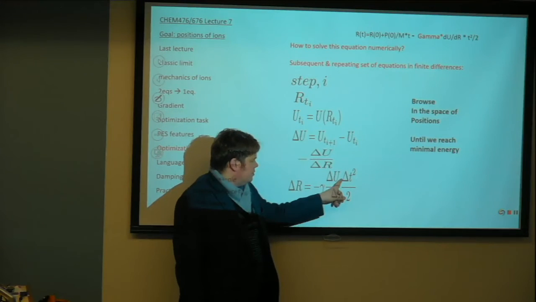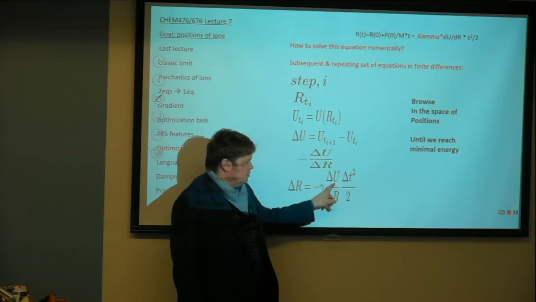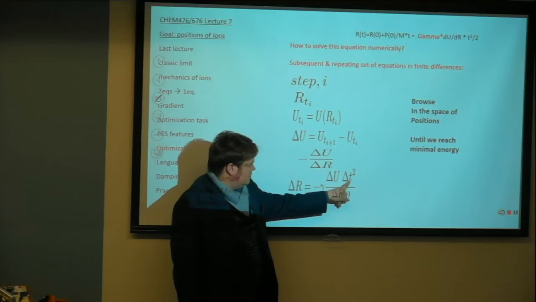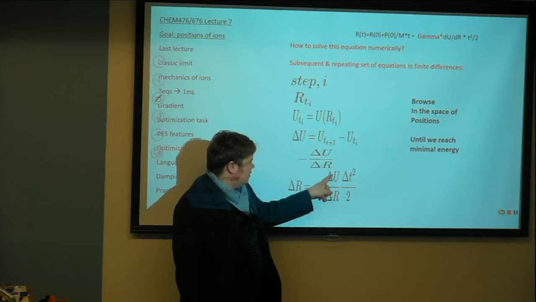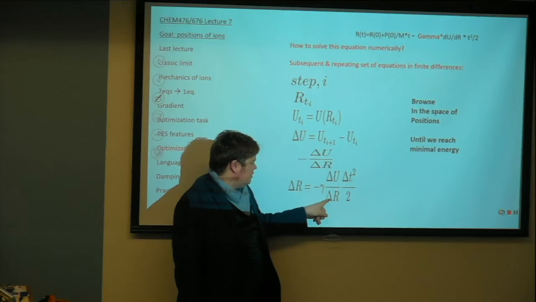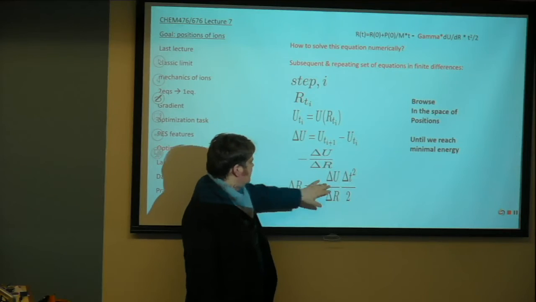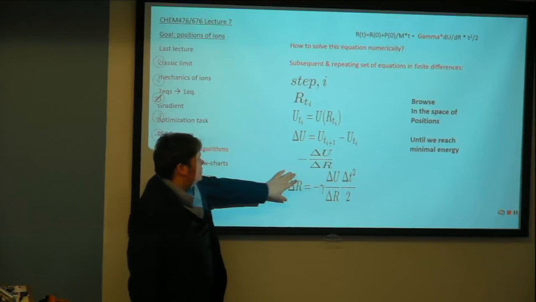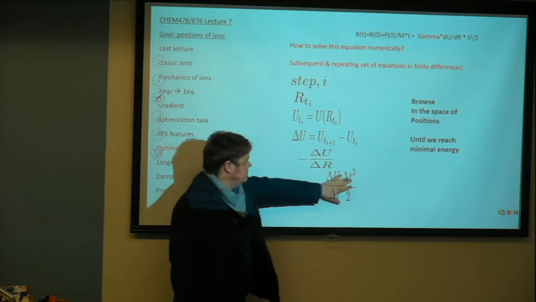This equation comes from solving Newton's equation, delta t squared over 2. This one, the change in potential energy divided by the change in position, with a minus, is the gradient. Gamma is the damping parameter, and we need to find it. It is the last thing that we need.